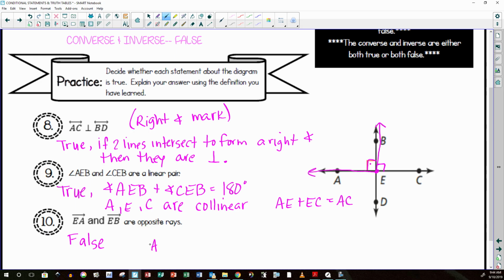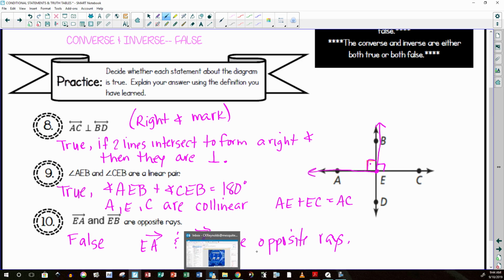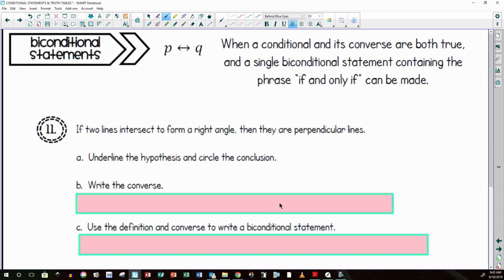So ray EA and ray EC are opposite rays. Okay, this is why I always type this stuff in. This is terrible handwriting. All right, next.